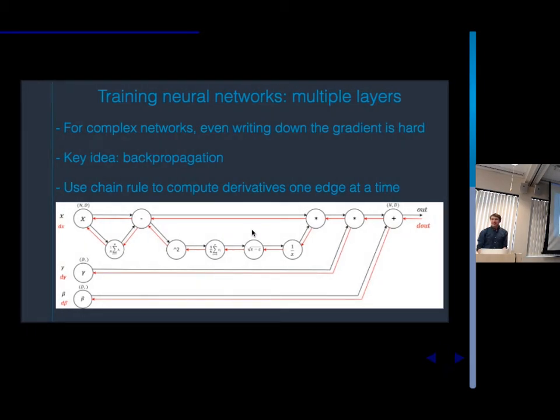Got a lot more stuff to get through, so I'll try and pick it up in the next couple minutes. Basically, when we're training a neural network, we're doing the exact thing I just said: computing the gradient, taking a step in that direction. But the process of computing the gradient is complicated. So what we're going to do is we have this nice graph representation, with our whole computational pipeline decomposed into these little steps.